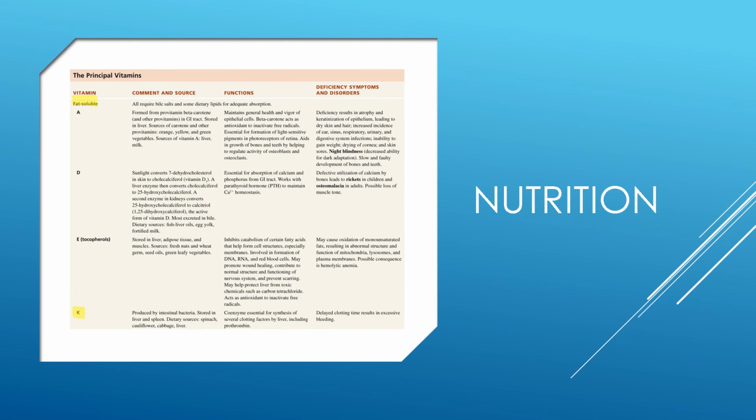The fat-soluble vitamins A, D, E, and K are absorbed along with other dietary lipids in the small intestine, and they're going to be packaged by chylomicrons.